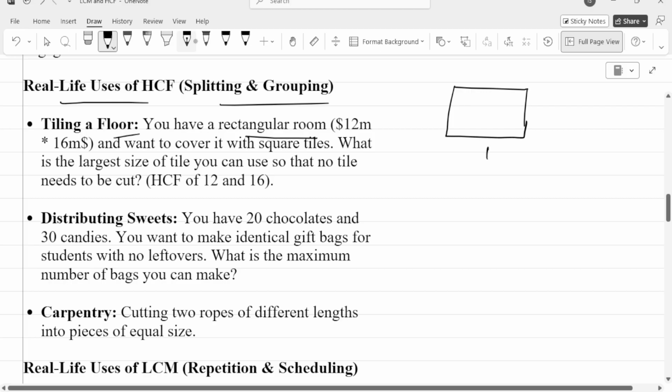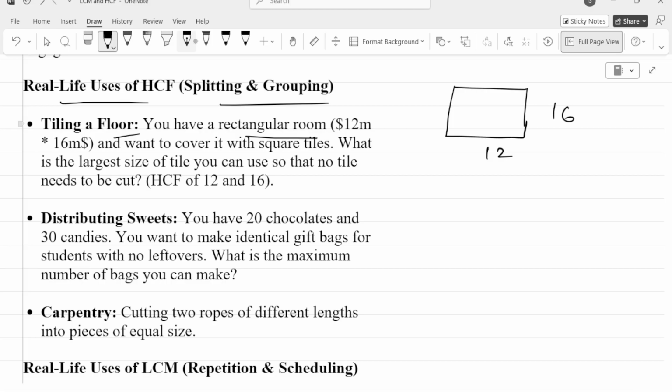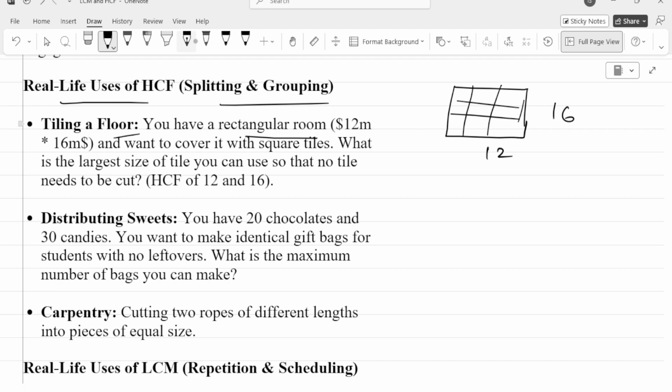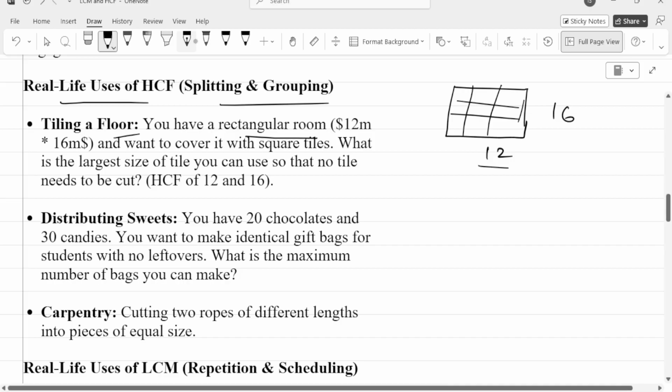The difference is 12 and 16. You have a rectangular room 12 meters into 16 meters and want to cover it with square tiles. What is the largest size of tile you can use so that no tile needs to be cut? So what square size do we have to use with no cut? Here are the length and breadth.